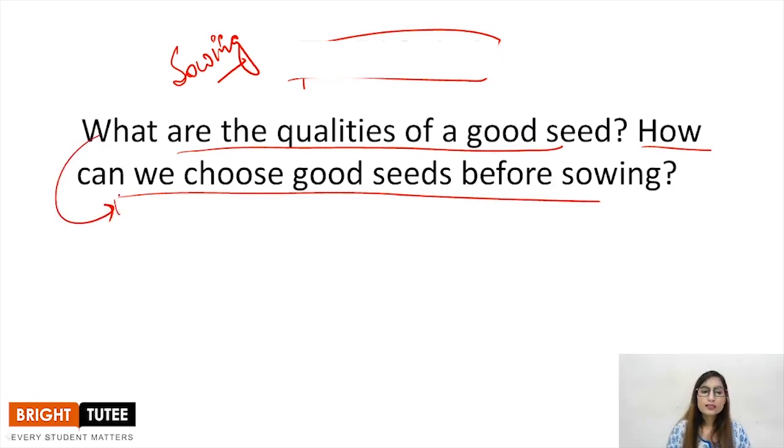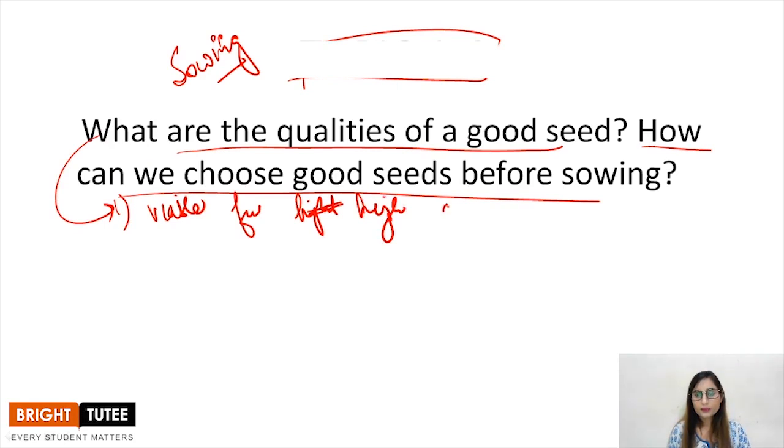Firstly, the good qualities are: viable for high amount of germination. Secondly, high yielding.